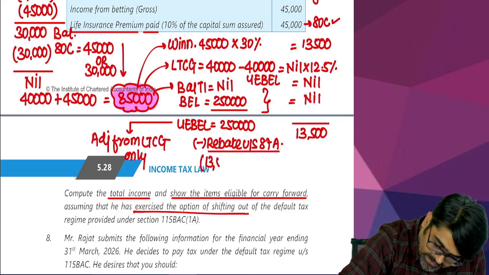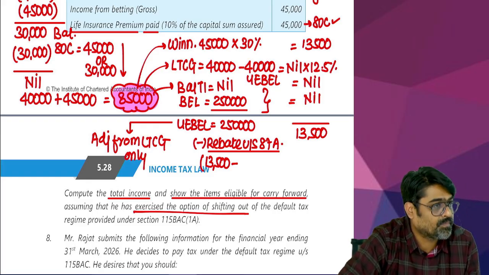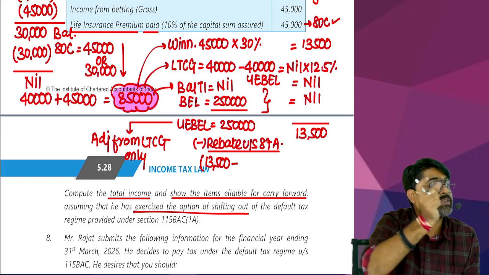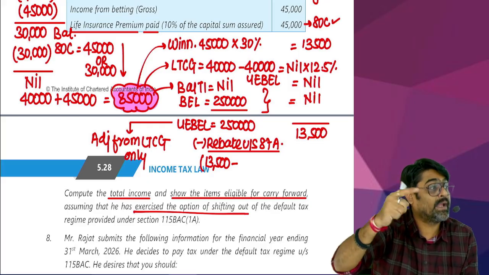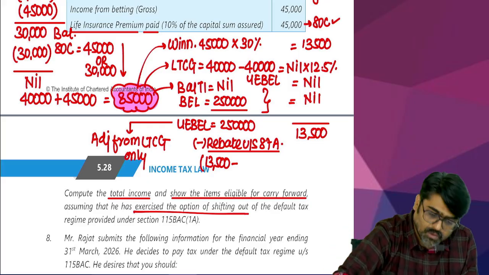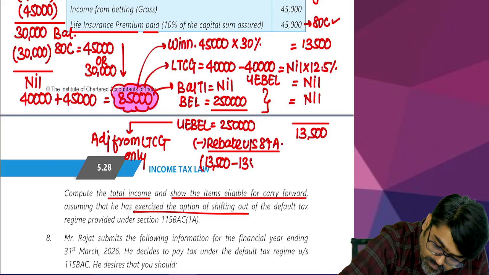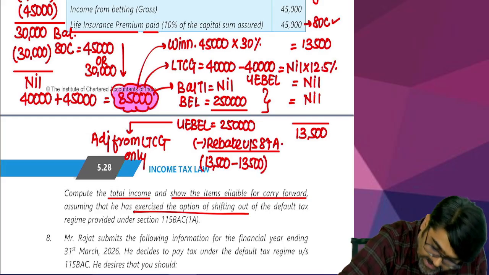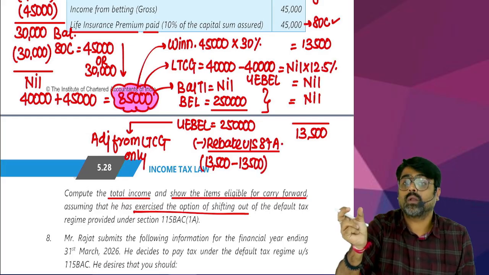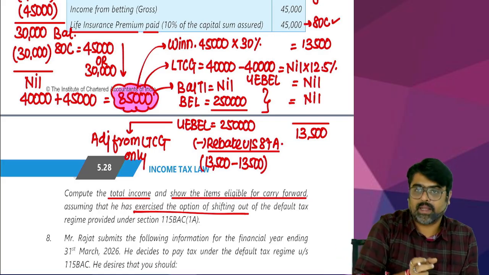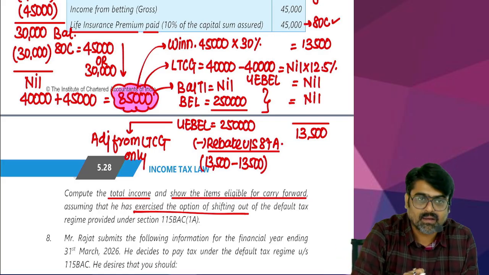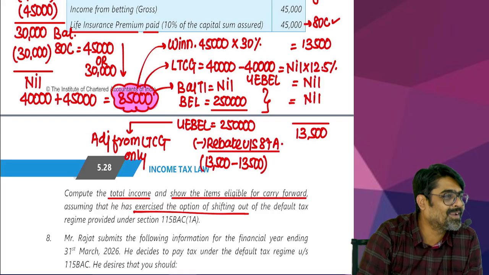Out of my tax, whatever tax was there on my special incomes. So out of my total tax, how much tax was there on my special incomes? Winnings, LTCG and all. Full 13,500. So the tax which is on special incomes I cannot take rebate on, but the balance tax I can take. And balance is nil only.